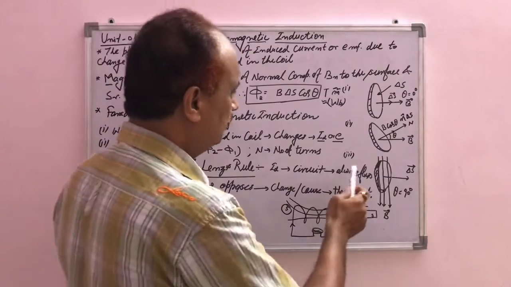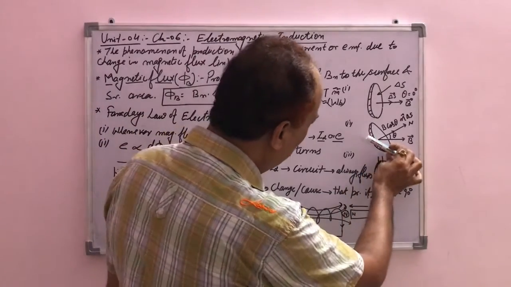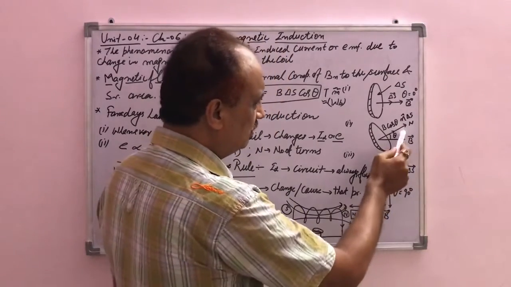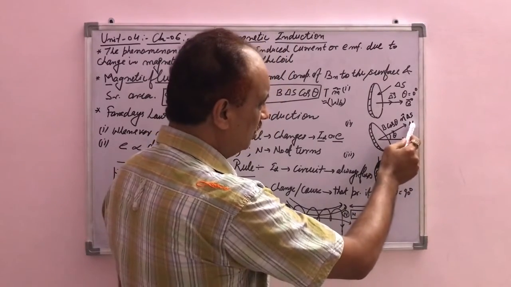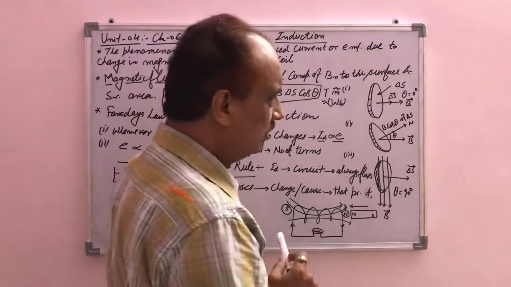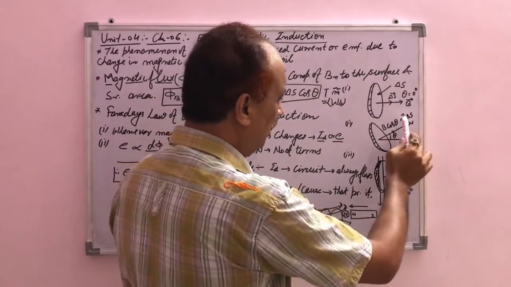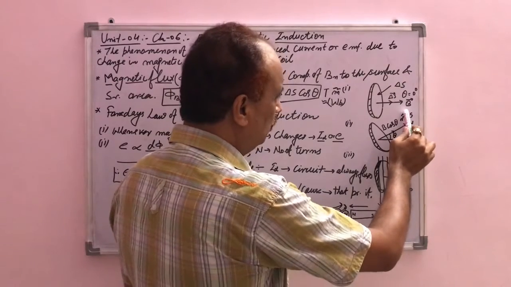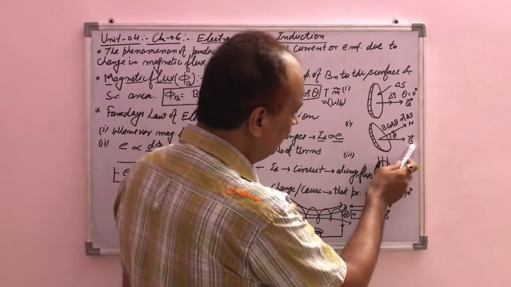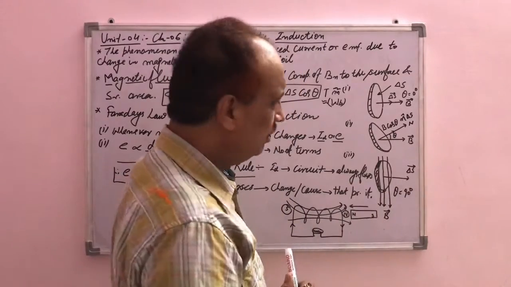In the second situation, when this surface makes some angle theta with the direction of the magnetic field, this ds surface is represented by the normal drawn on the plane of the surface. This is the ds component written here, n unit vector into ds, that is the normal component of the ds, which makes an angle theta with the direction of the magnetic field b.